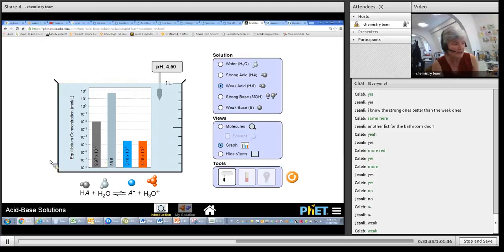So we've looked at strong acid, strong base, the effect on pH and conductivity. We've looked at conjugate acid and conjugate base. We've looked at what acids and bases you have to learn off by heart.